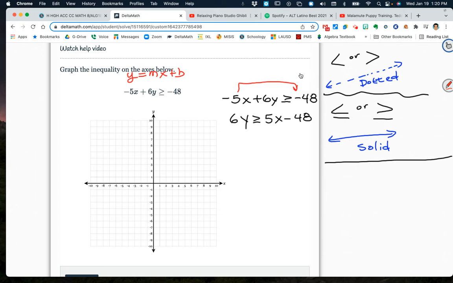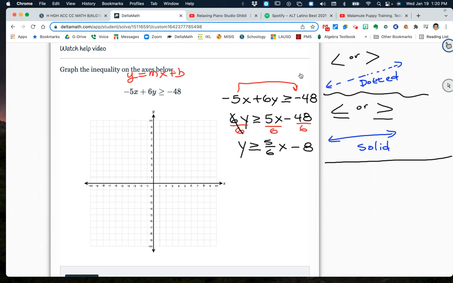I want to get y by itself. Let's divide out the 6. Do I need to circle and flip the sign? Leave it as is. That's good. So y is greater than or equal to 5/6 x minus 8.